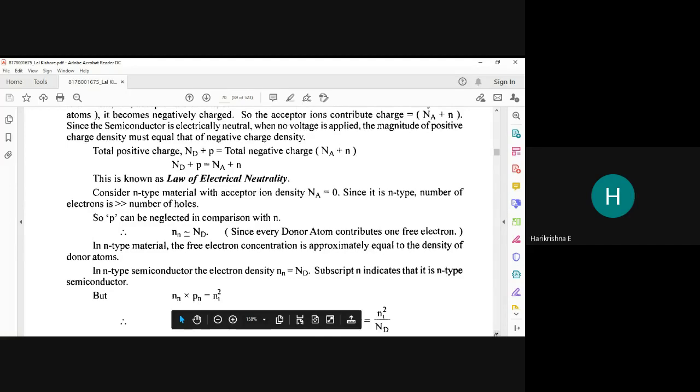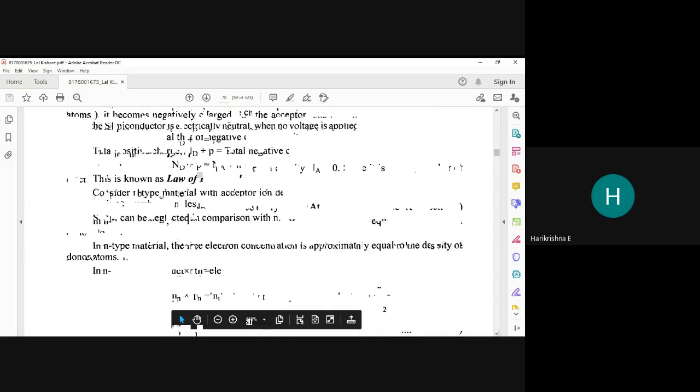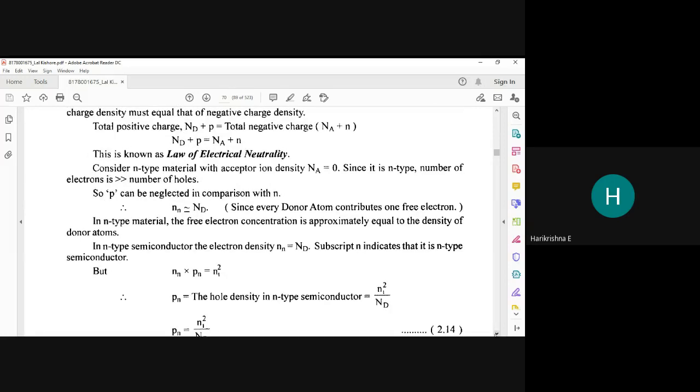If you want to know the minority carrier concentration, we neglected it. However, to know the exact value of hole concentration in N-type semiconductor, we use the mass action law: Nn multiplied by Pn is equal to Ni square.